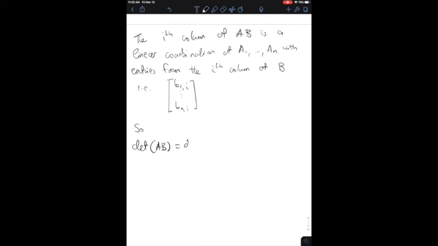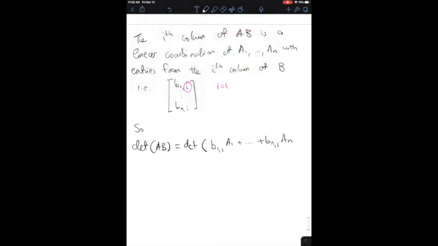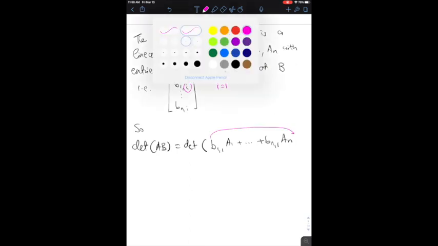So this is the determinant of, first, we go down the first column of B, with entries B11 and so on, and write the corresponding linear combination of the columns of A. So setting i equal to 1, and taking the linear combination of the columns gives us that the first column in the product is this.